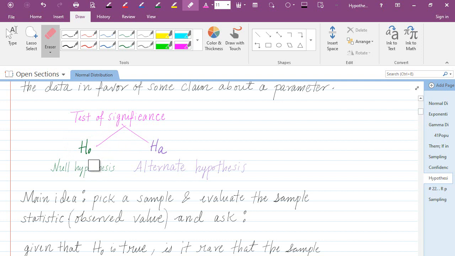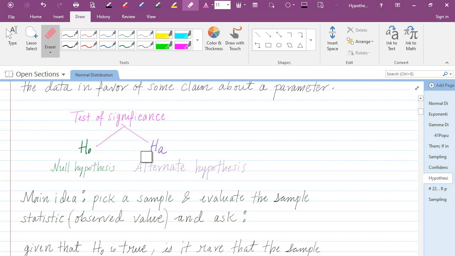So somebody is claiming that the mean height of BGSU students increased to 6 feet, and 20 years ago it was 5.7 feet. In that case, the null hypothesis would be that the mean height is 6 feet, and the alternative hypothesis would be that the mean height isn't as big as claimed, so it is actually less than that.